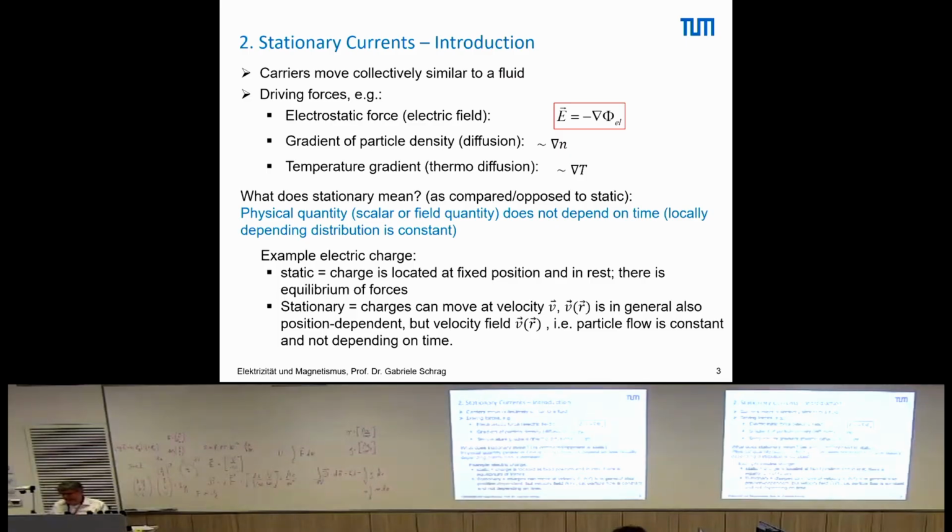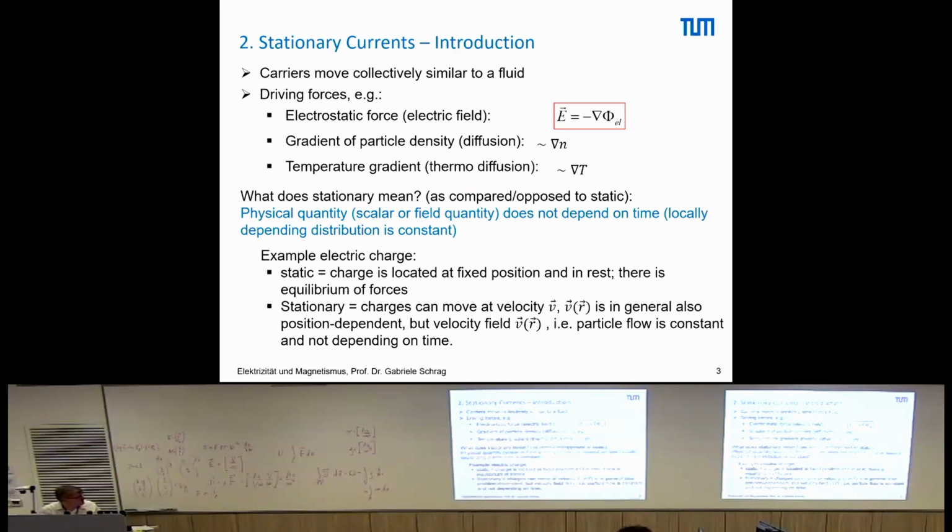Examples are the electric charge. In the static scenario, which is what we have seen thus far, all your charges are located at a fixed position and they are at rest. And there is an equilibrium of forces.